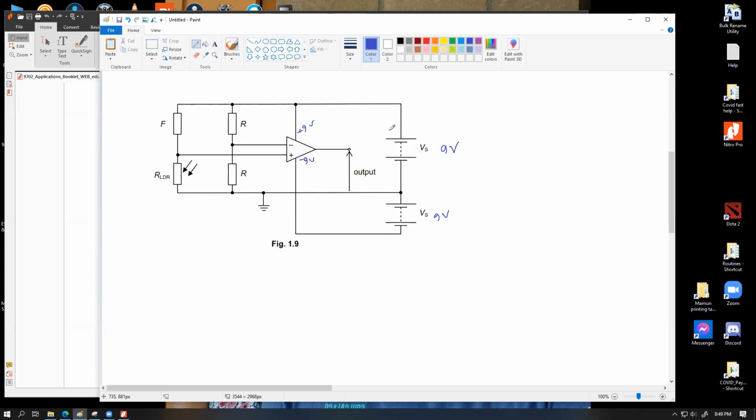However, this battery is serving three purposes. One purpose is it is providing the plus 9 volt supply to the op amp. Second and third, this 9 volt supply is also getting divided by these two vertical potential divider lines.